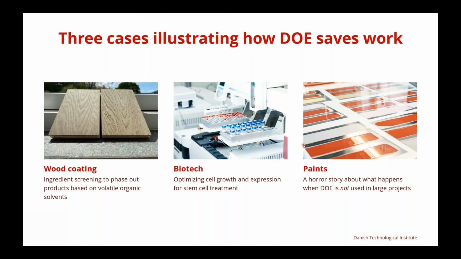Then I'll give an example of an optimization study from the biotech world, and then end up with a coding problem and illustrate what the cost can be if you don't use DOE in really large industrial R&D projects. And throughout all of these, we will jump back and forth between the presentation here and Design Expert to give an example of how I designed, or how we could have designed in the last case, a DOE that would have been helpful.